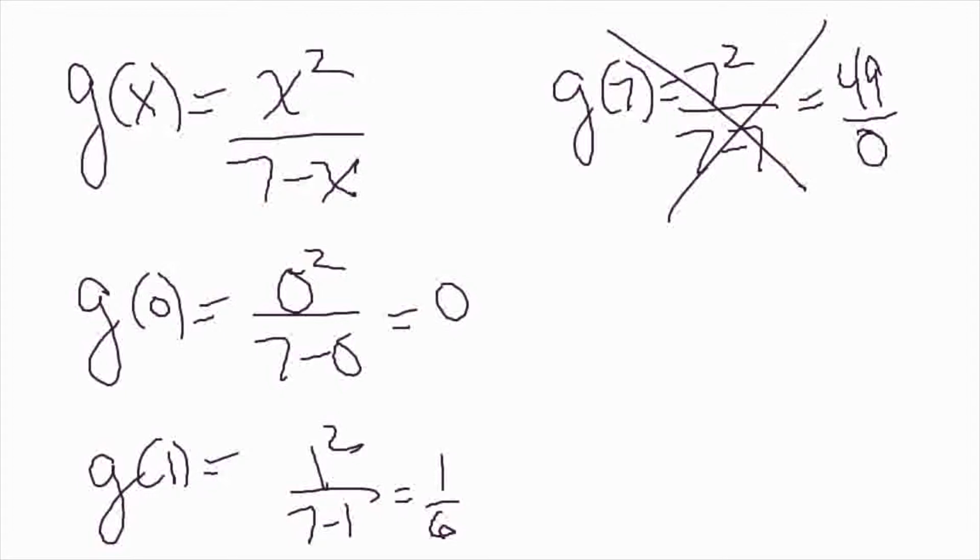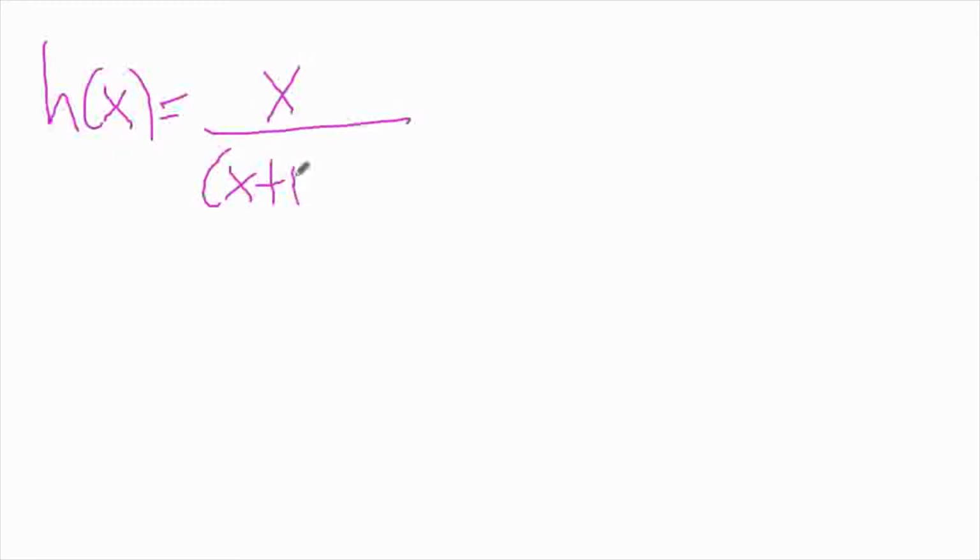Now, the domain can be limited by more than one point. Let me give you another rational function. What if I had h of x is equal to x over (x plus 1)(x minus 2)(x plus 3)? Can you see that there's multiple values that are going to make h undefined?